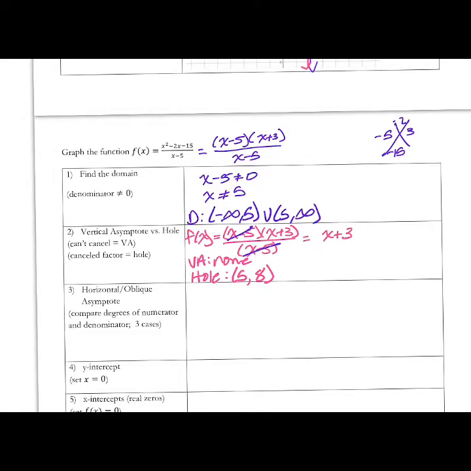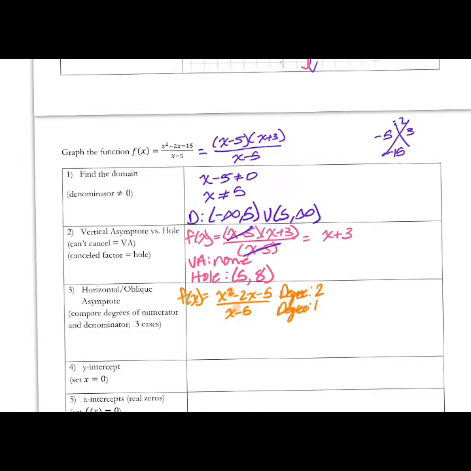So I've got f of x equals x squared minus 2x minus 15 all over x minus 5. And we've got my degrees. So the degree in my numerator is 2, and the degree in the denominator is 1.